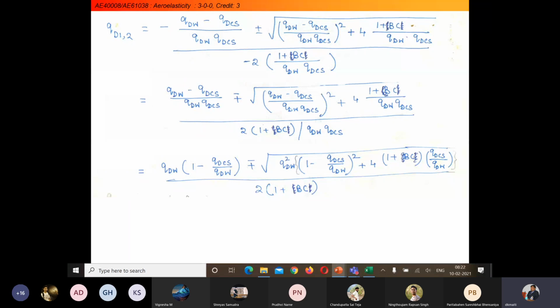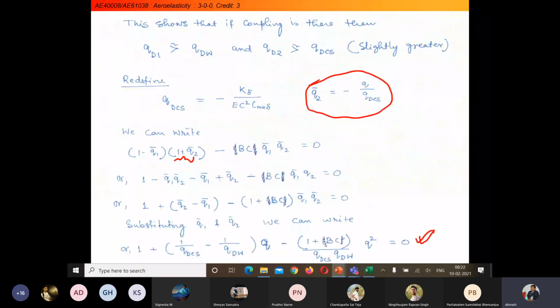With respect to that, this portion is the value of A, as in the usual equation we write AX square plus BX plus C equal to 0.